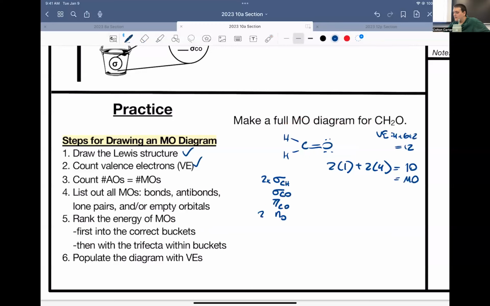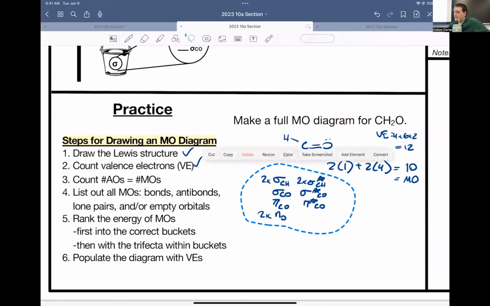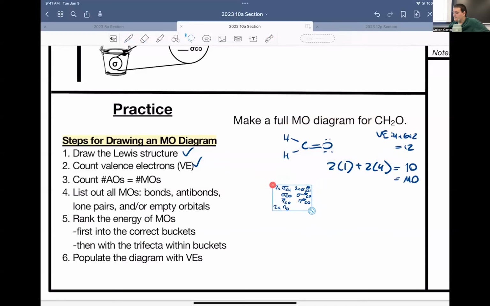Oh, wait, we have 2 of these, 6. So we're still missing 4. And that's how that number 10 can help us out. What are the 4 that we're missing? There we go. So we have 2 sigma star CH. We have a sigma star CO. We have a pi star CO. And then there's no antibonding orbital for non-bonding. Non-bonding is just kind of non-bonding.